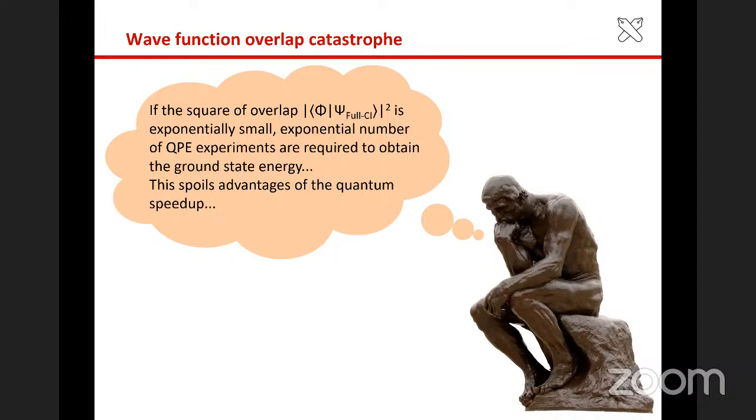Roughly speaking, we can obtain some exponential acceleration over classical computation. But if the overlap is exponentially small, we need an exponential number of QPE experiments, which probably removes the advantage of the quantum computer.